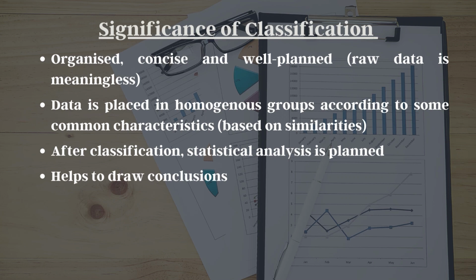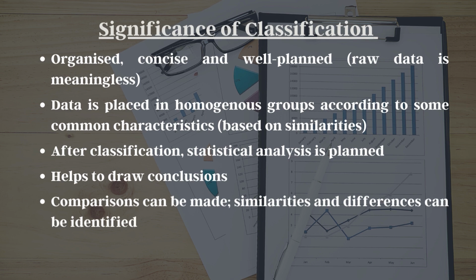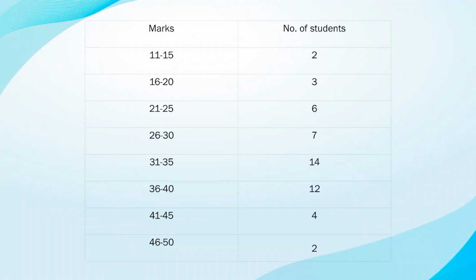On the basis of classification, you can conclude some meaning that comes out of that data. Comparisons can be made, and similarities and differences can be identified. For example, we can compare how many students have scored above a particular score, or how many of them have performed badly, and so on.